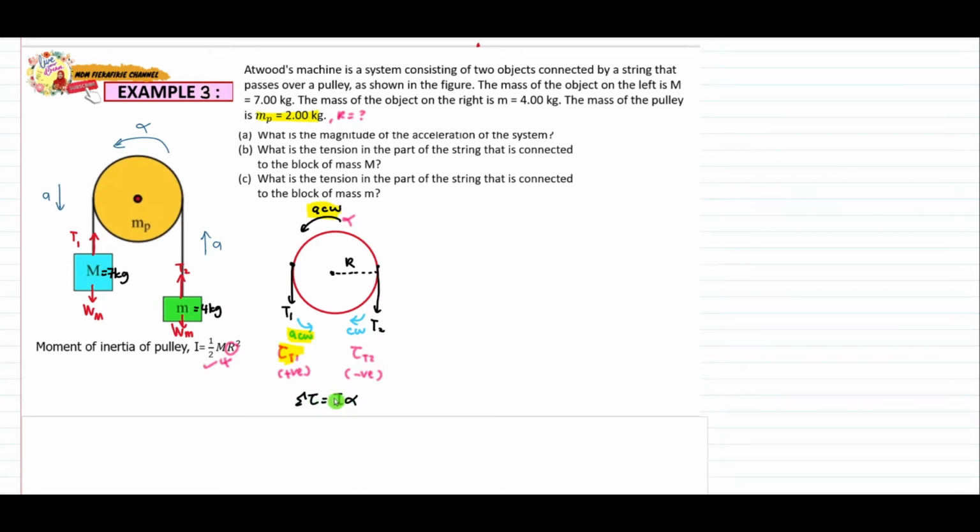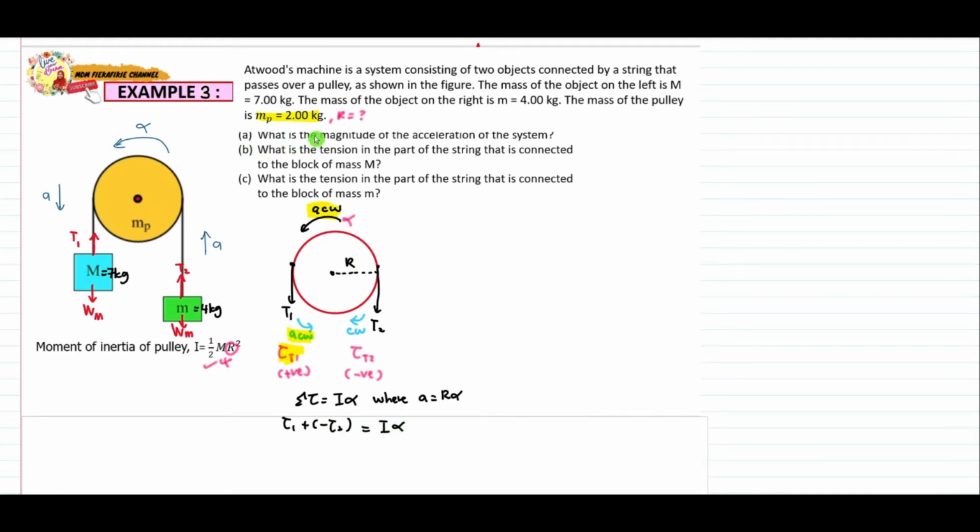Alright, so in this case, let's write, and always remember that A is equal to R alpha and alpha is equal to A over R. Okay, so now torque 1 is positive plus negative torque 2 is equal to I alpha.